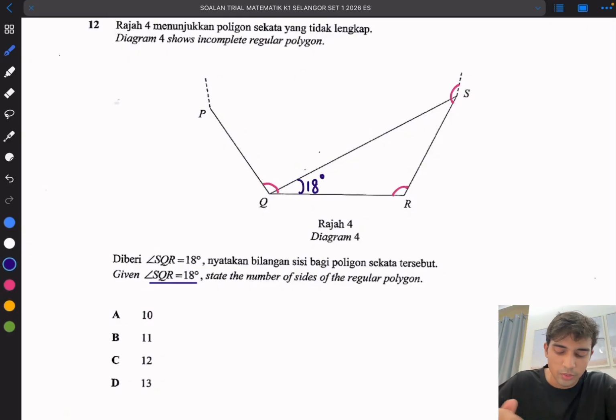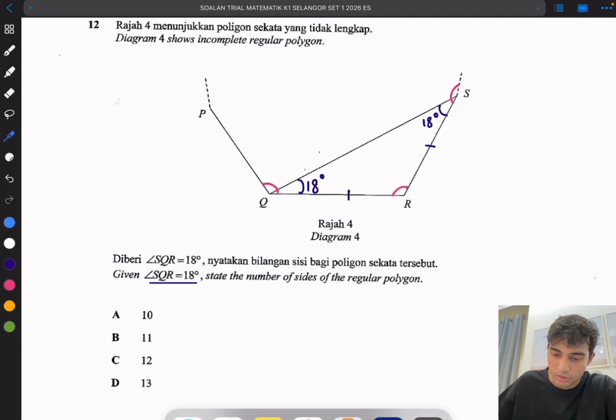So with the 18, what we can do is, in a regular polygon the sides are all the same length. So this length and this length will be the same. That means this will be an isosceles triangle. Isosceles triangle means this angle and this angle will be the same. So here also 18. Then we can find this angle.